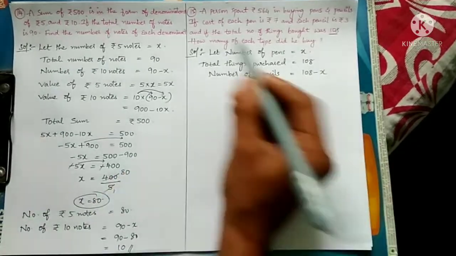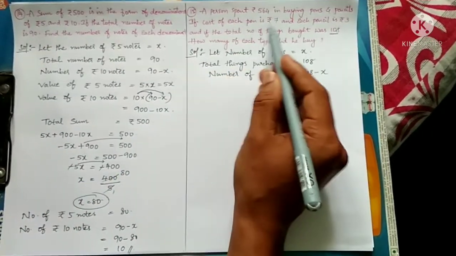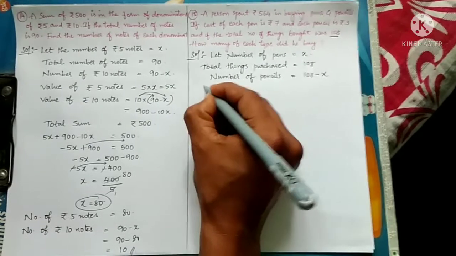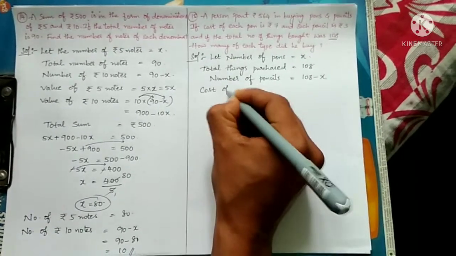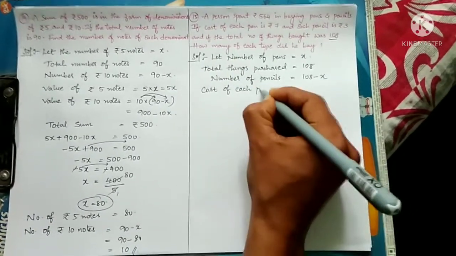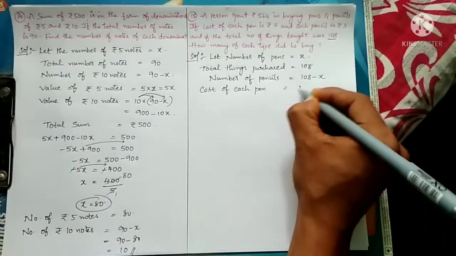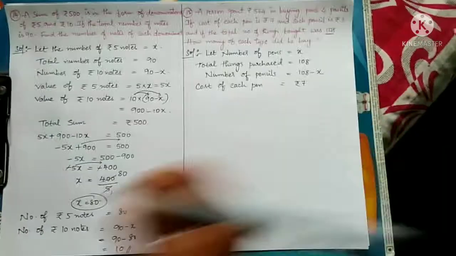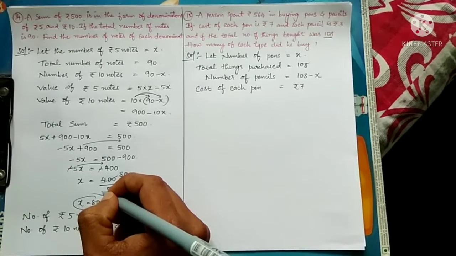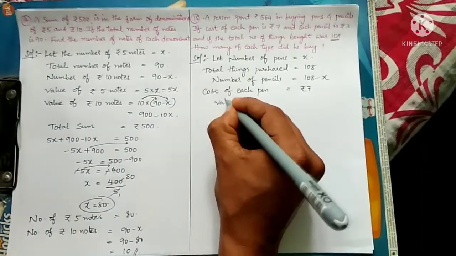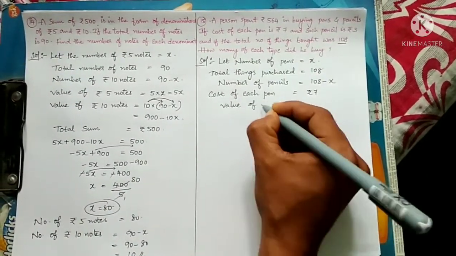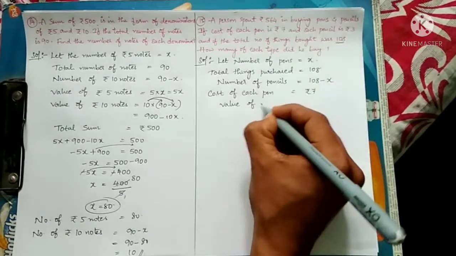Okay, now they have given the cost of each pen. The cost of each pen is rupees 7. Now we write the value of how many pens? x pens.